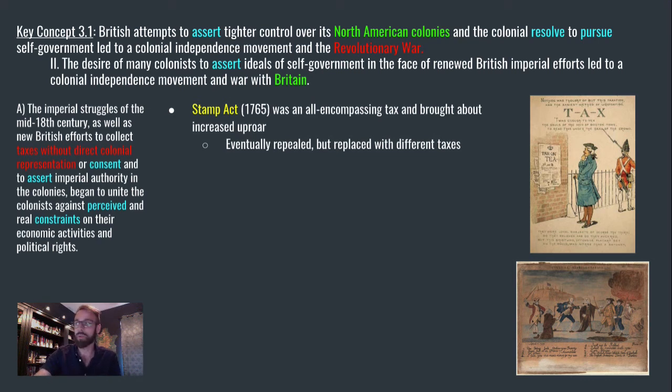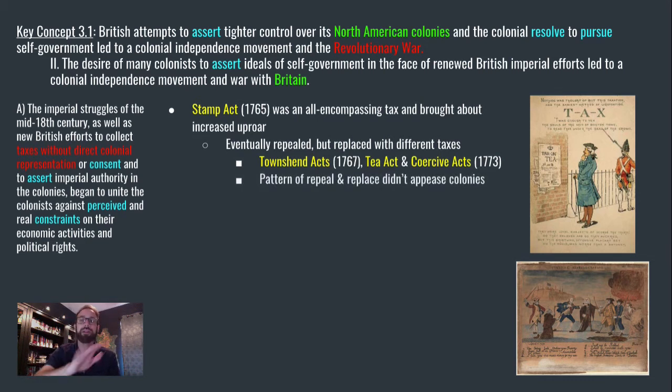But this never really worked. So the Stamp Act was repealed, it was replaced. Some of the ones that went in series are the Townshend Acts, and then later on the Tea Act, and after that the Coercive, or also known as the Intolerable Acts. Okay, it's back and forth, repeal and replace, but this did not appease the colonies.